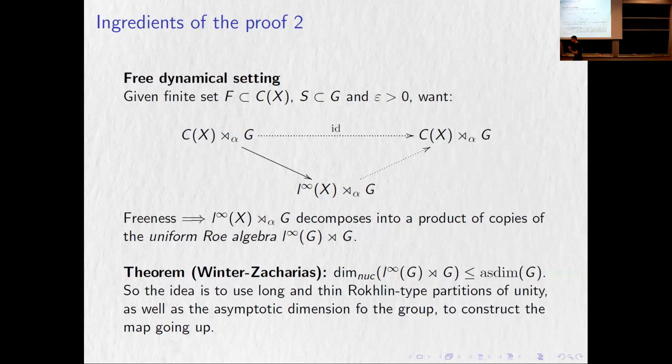And those Roe algebras are known to have finite nuclear dimension. The nuclear dimension of those is bounded by the asymptotic dimension of the group. That goes back to the original paper of Winter and Zacharias. And then we need to somehow patch those together, right? I said before we have this cover, right, with overlaps, and I use those bump functions to put them together. So what Roe dimension really does is give you almost equivariant covers, bump functions, right?